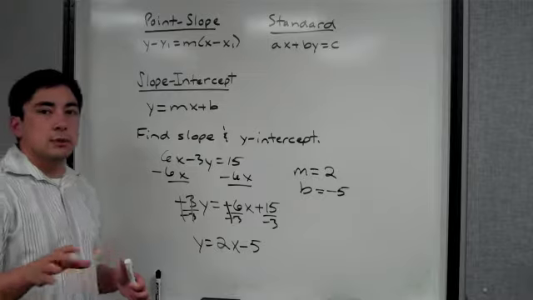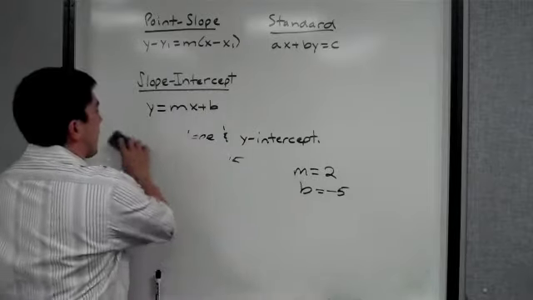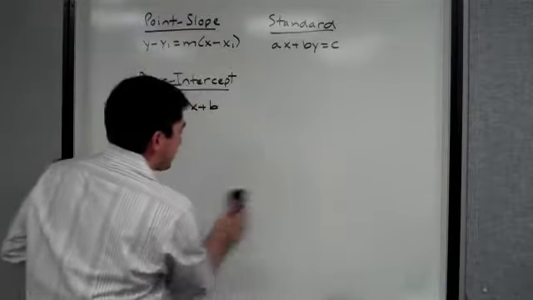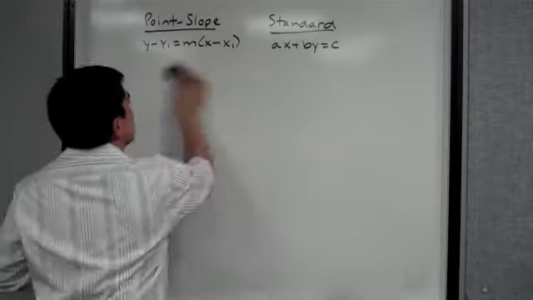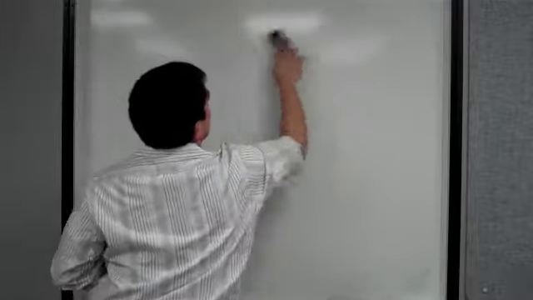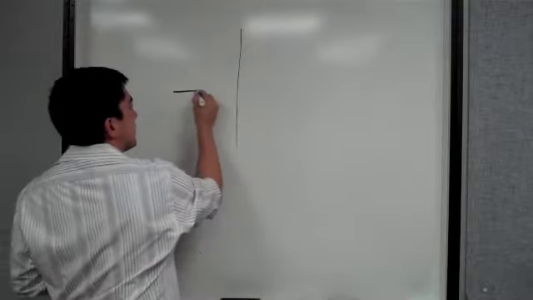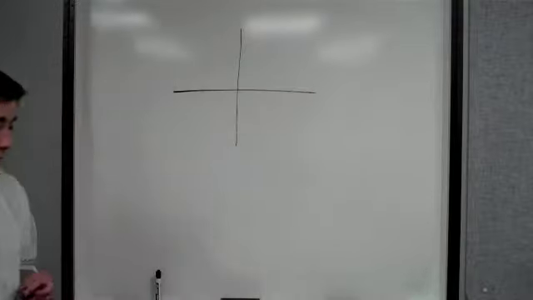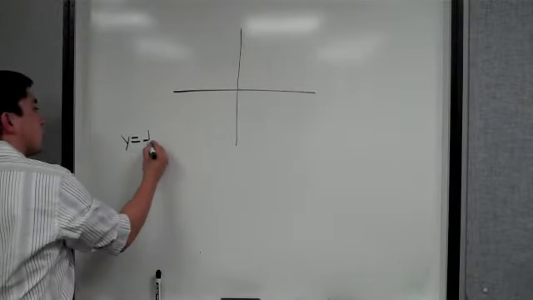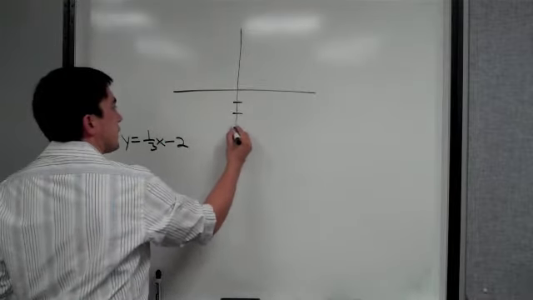And the other ones we actually did was graphing. So let me just erase this really quick. Graphing, again, don't get all freaked out by graphing. It doesn't have to be that difficult. What you want to do is make your xy axis, a little coordinate plane here. Now the first equation I gave you guys was y equals 1/3 x minus 2.